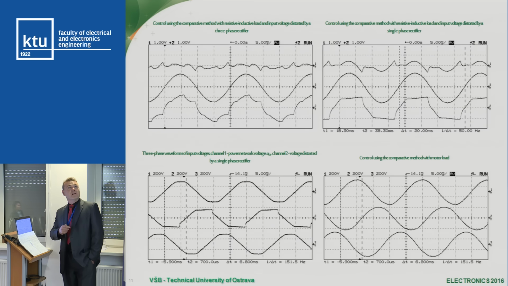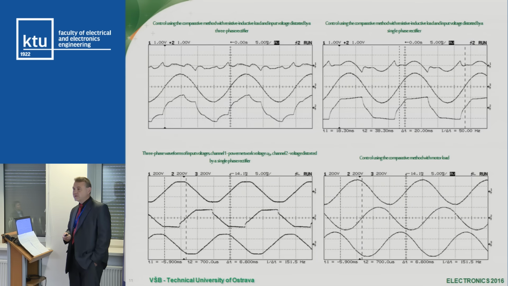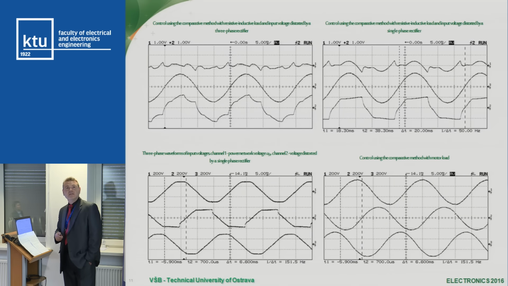Here is control using the comparative method and an inductive load, and the input voltage is distorted by a 3-phase rectifier. This is the input voltage in the serial active power filter, and this is the output voltage. This is the control voltage for the converter, and this shows the same.